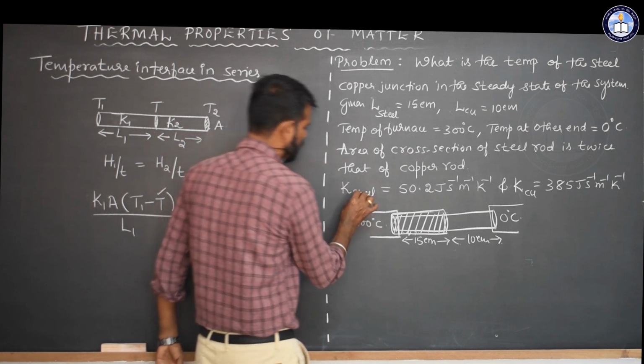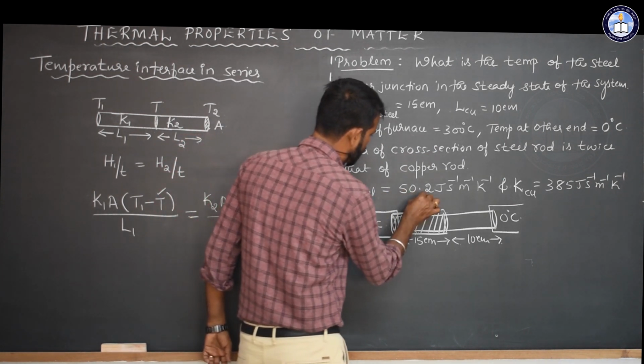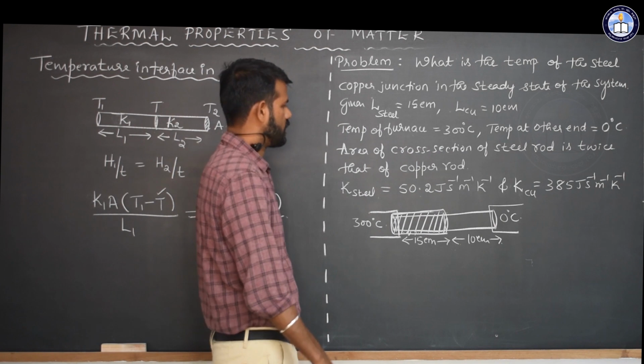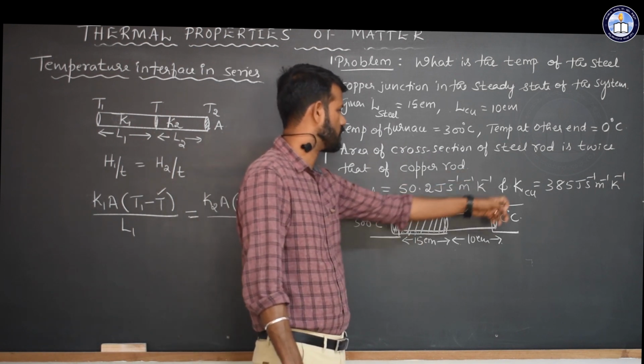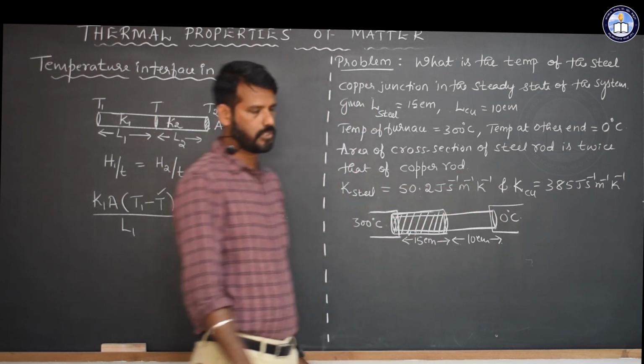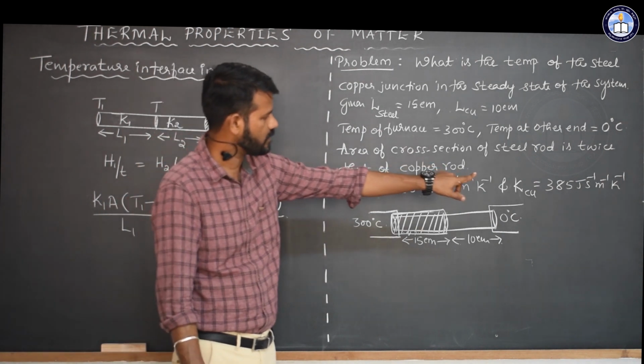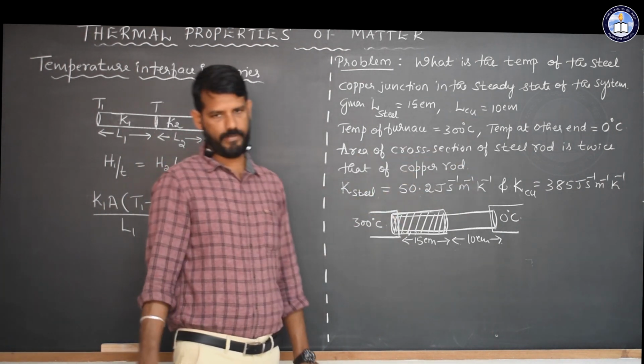Then the thermal conductivity of steel is given as 50.2 joule second inverse meter inverse Kelvin inverse, whereas for copper it is 385 joule second inverse meter inverse Kelvin inverse.